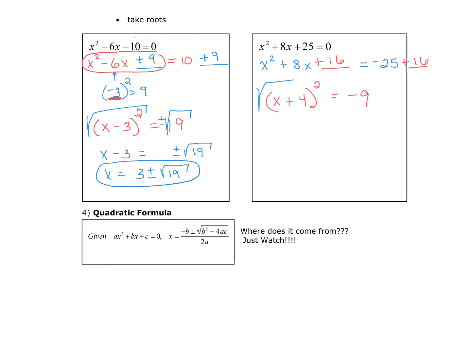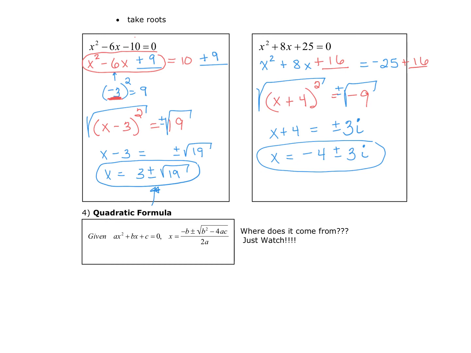And then when I take the square root of each side, plus or minus, I'll get x plus 4 equals plus or minus 3i. And then if I subtract 4, minus 4, plus or minus 3i. So again, in this case, we got two imaginary solutions. Over here, in this example, we got two irrational solutions.